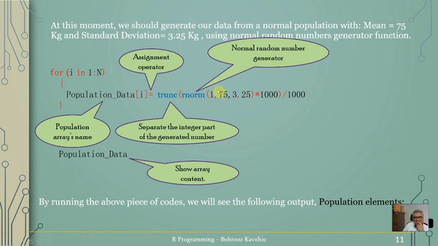The second one assigns the mean, which is whatever we want it to be. I'm going to write 75. The last one is the standard deviation, again provided in the example, 3.25. At this point, the function is going to generate a random number for us.